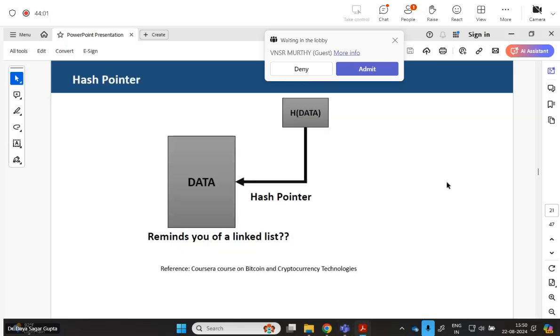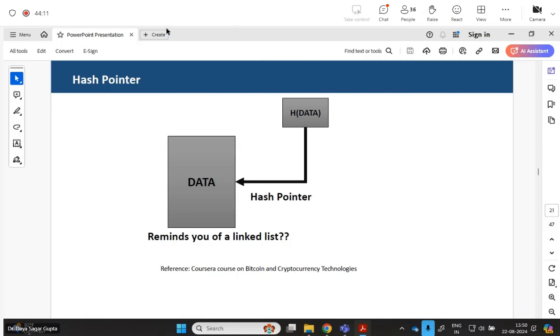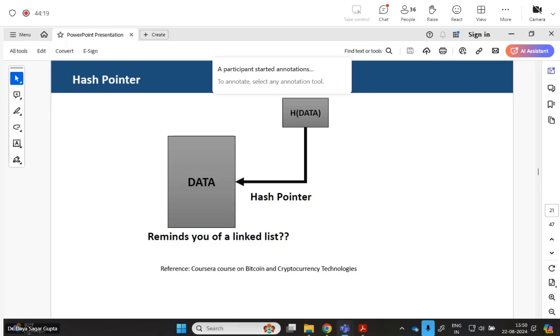Let us see the next slide. It will be very much clear. This is the hash pointer. So this is the hash function. My data is here, which means my block is here, and I have stored the hash of this data somewhere else.